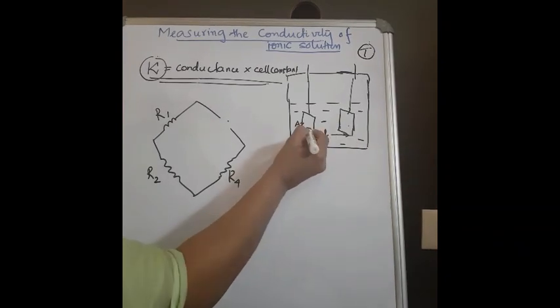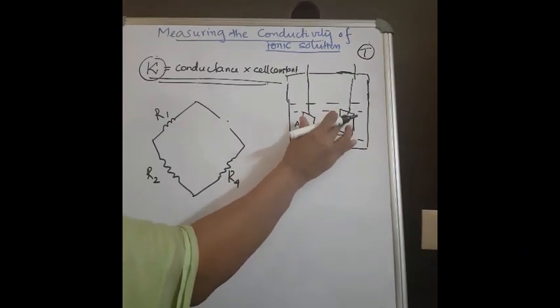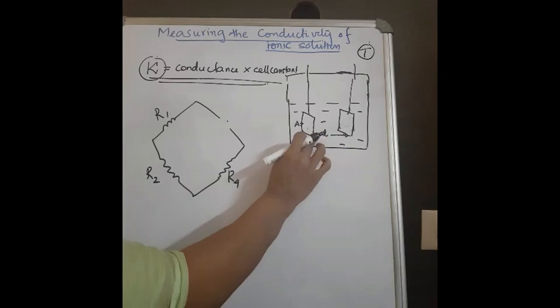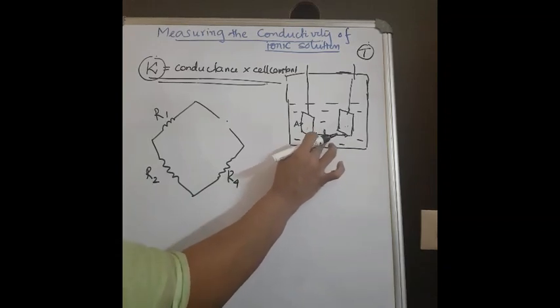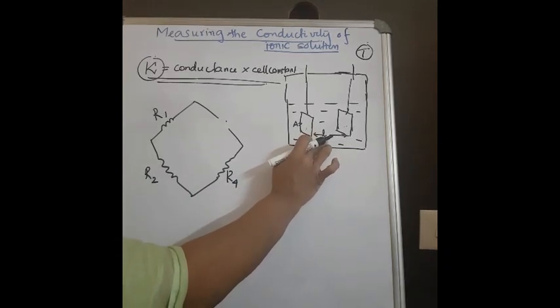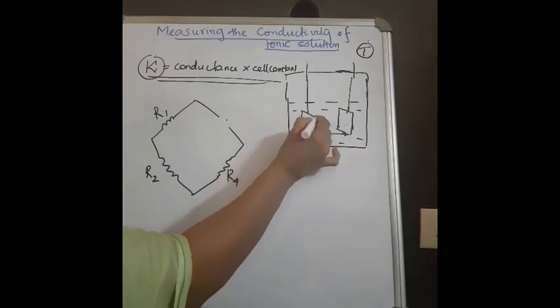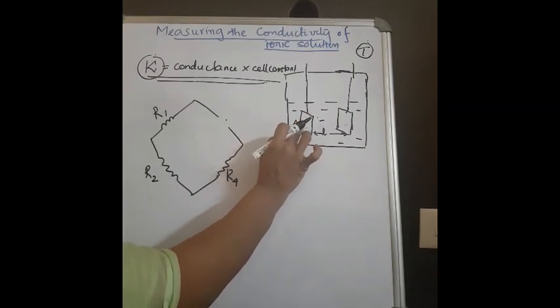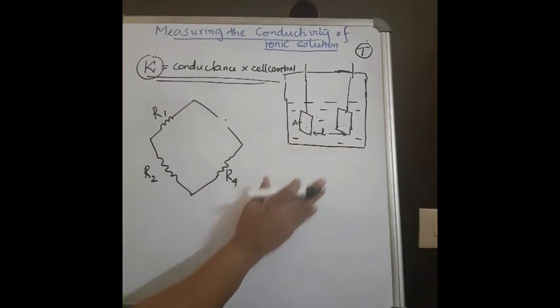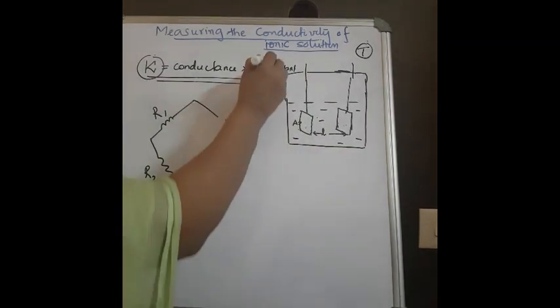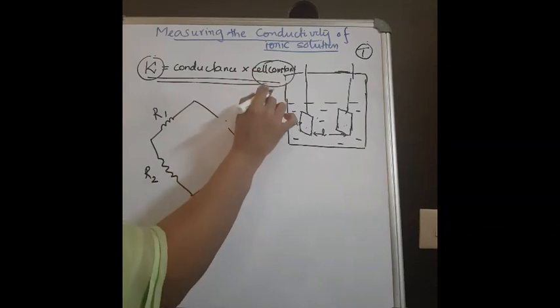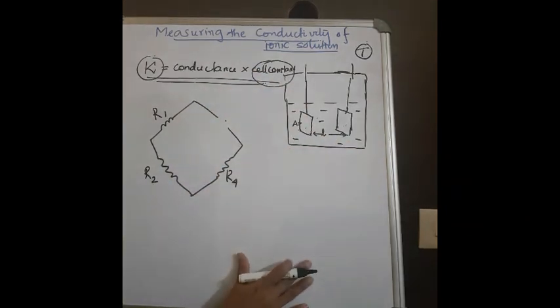These are platinized platinum electrodes, which we have discussed earlier, and the distance between the electrodes is L, which is a constant for a given electrolytic cell, and the area of cross section of the platinum electrode is also a constant for a given cell. So L by A, the cell constant, is a constant for a given electrolytic cell.